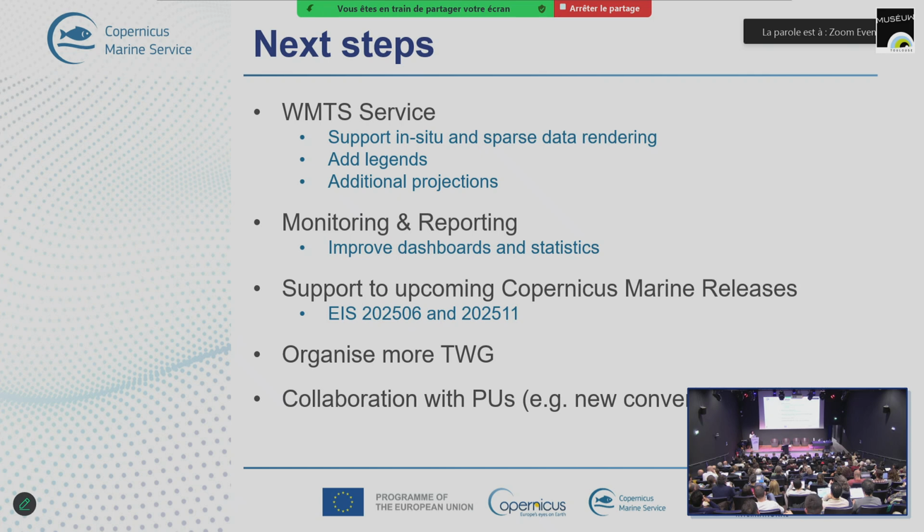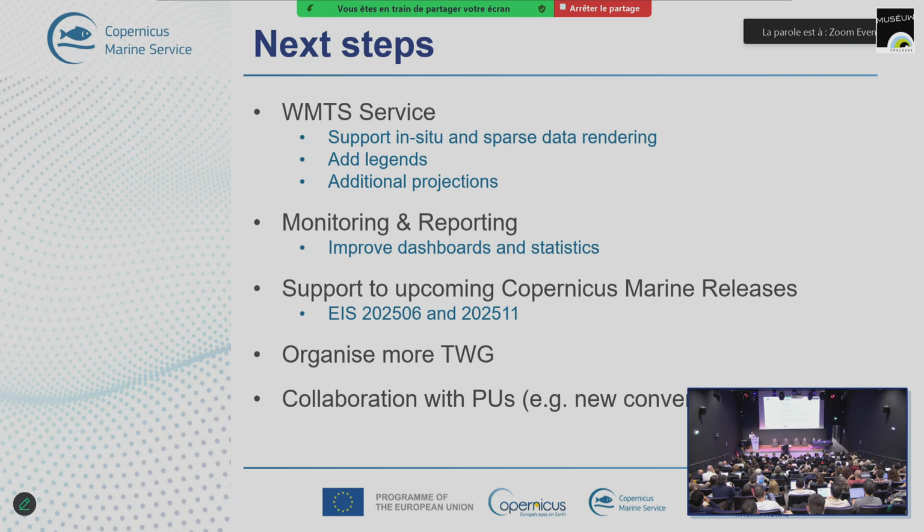We want to add, as part of the evolution, the legends. So we would like to have metadata that help us to have a better view of the data. You are the producers of the data. You know what is the best. So we want to really have this collaboration and this communication.